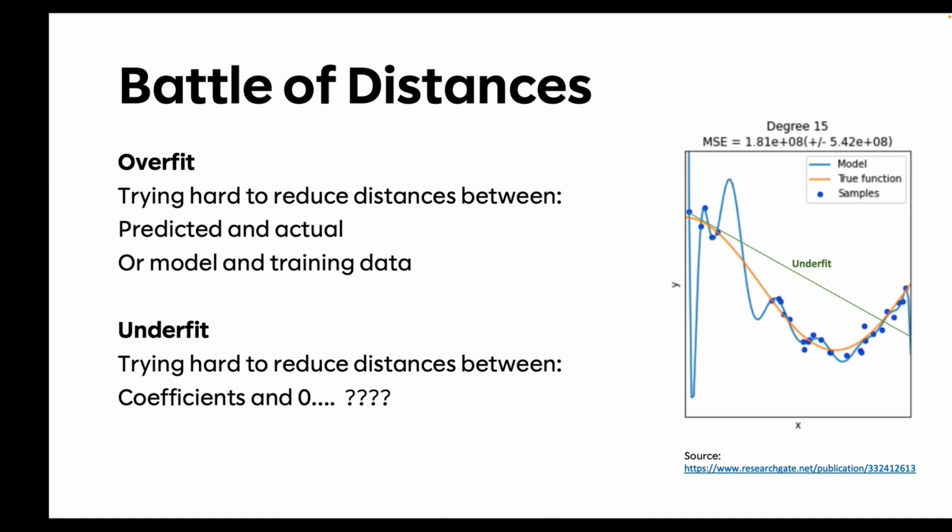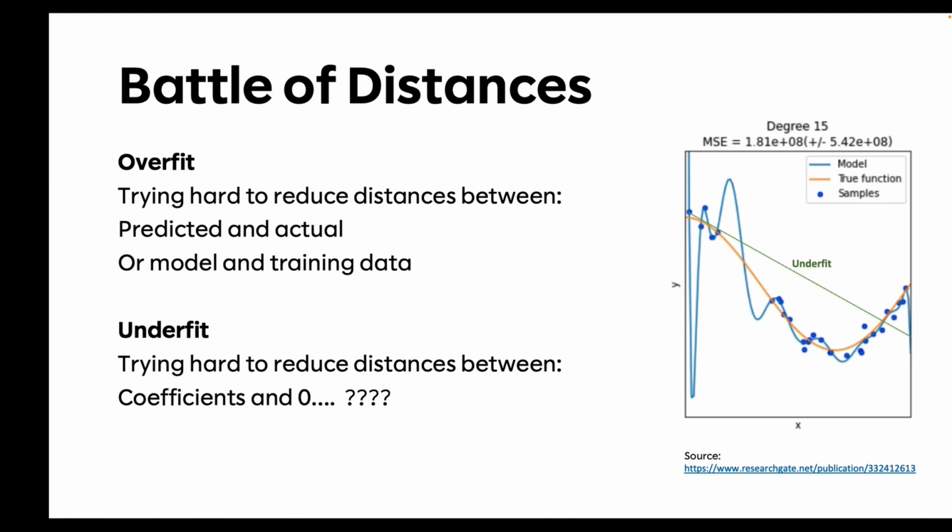Like what we talked about earlier, getting those coefficients closer and closer to zero is what this underfit model is trying to do: get those weights as close to zero as possible. And it results in an underfit model. Again, you're going to see a lot of error there as well, because it's not getting close to the data. So our goal in machine learning is to get this orange line and not these blue and green lines.